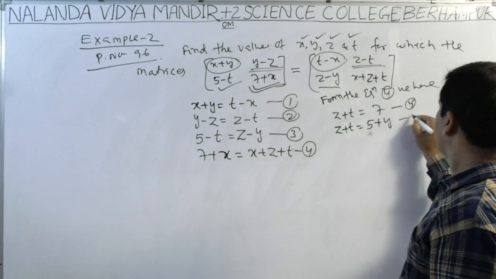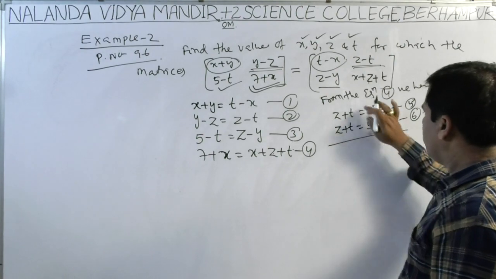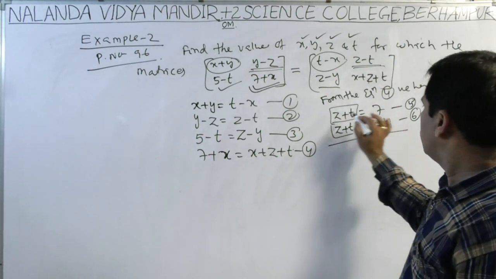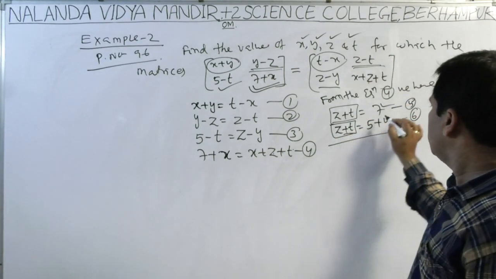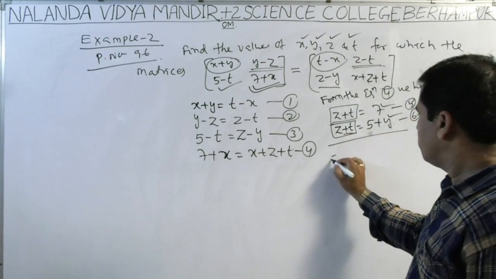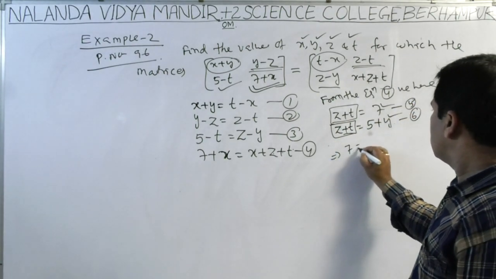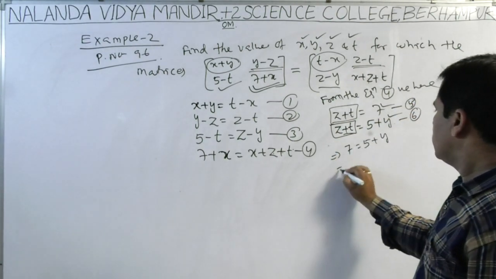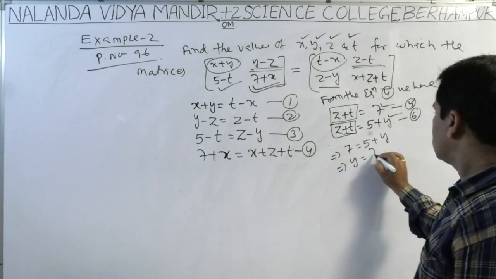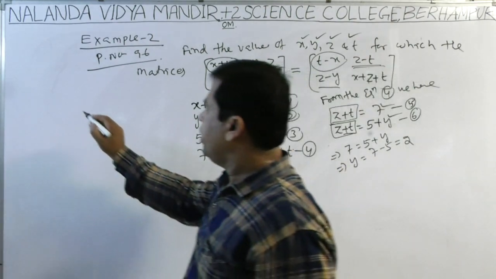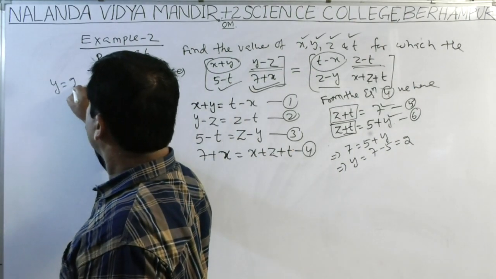This is equation 5 and this is equation 6. From these equations, we have z plus t is equal to 7 and also z plus t is equal to 5 plus y. This implies 7 is equal to 5 plus y. This implies y is equal to 7 minus 5, which is equal to 2. Therefore, the value of y is equal to 2.